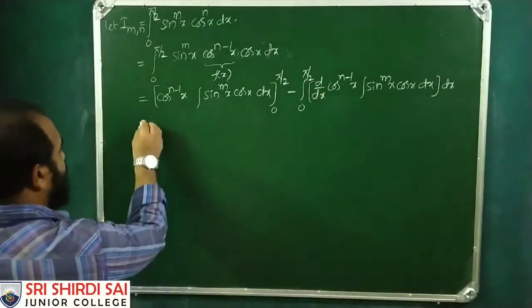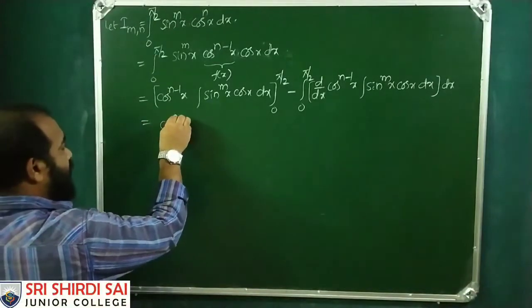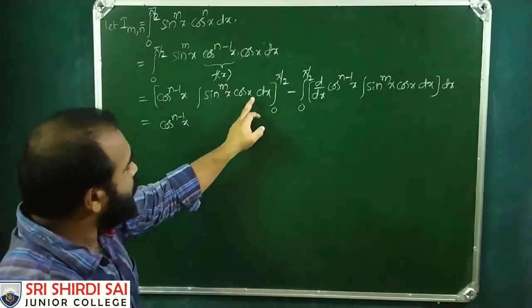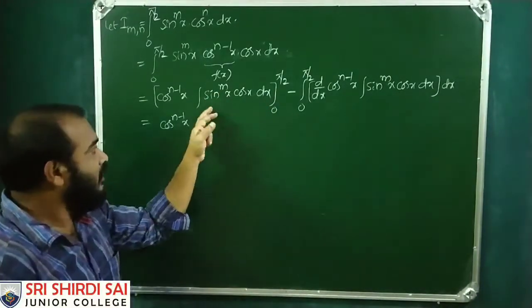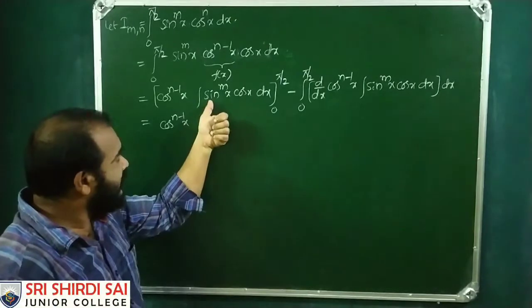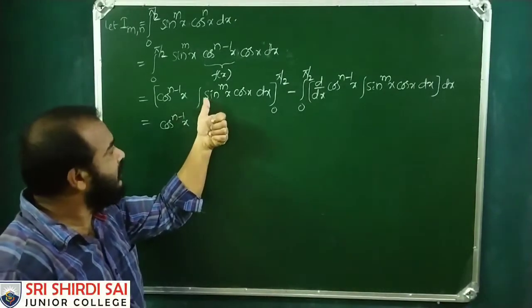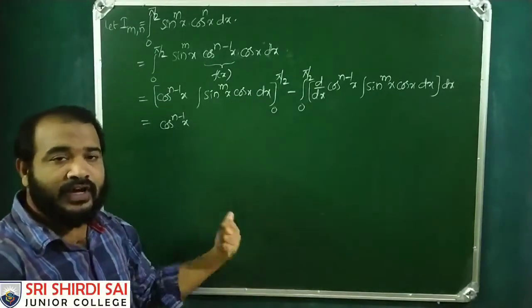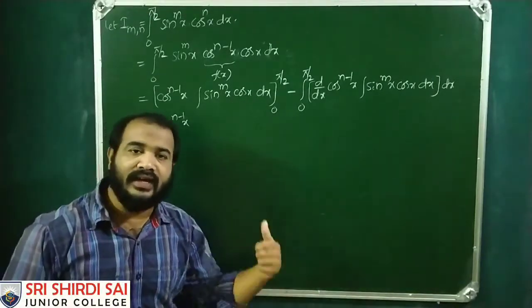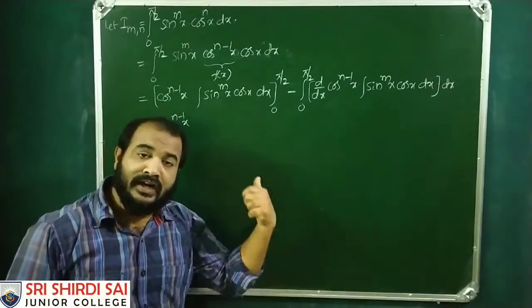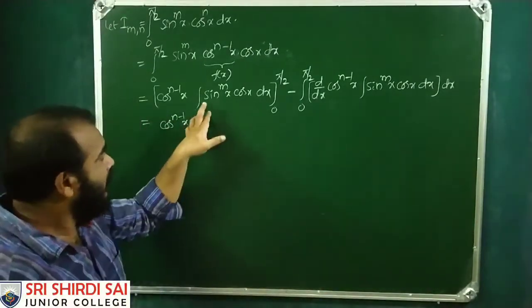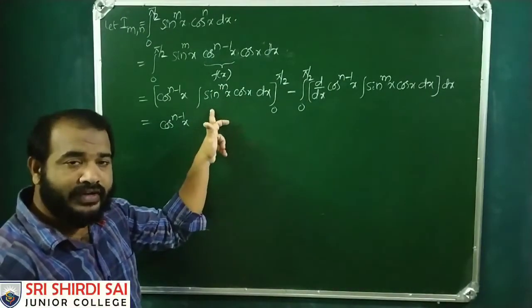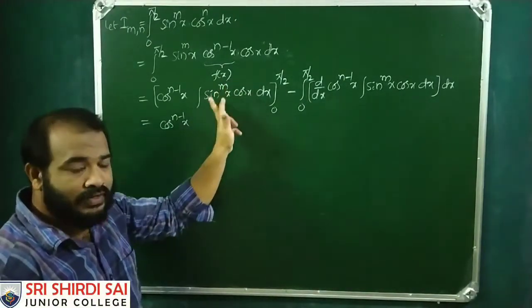Okay, so now cos power n minus 1 x, and sin power mx into cos x dx. See here, we have a formula. If I take sin x as f of x, then f dash x is cos x. We have a formula which we discussed in the results of integrations chapter, indefinite integrations. What is that? Integral of f of x whole power n into f dash x dx is f of x whole power n plus 1 by n plus 1.